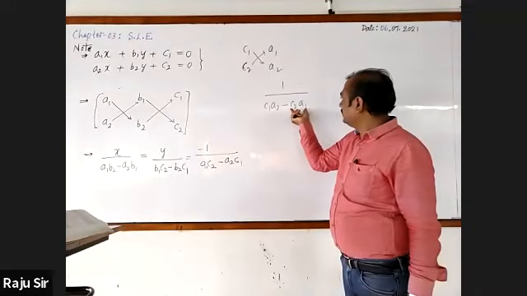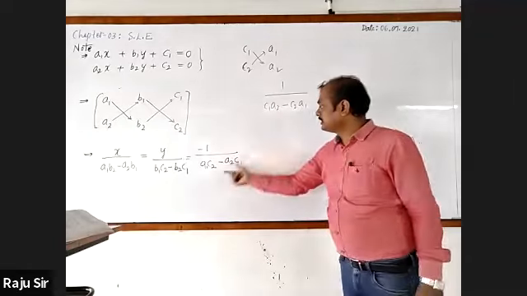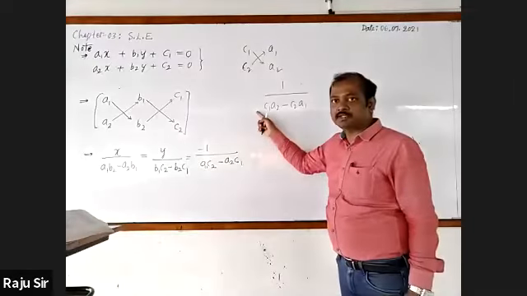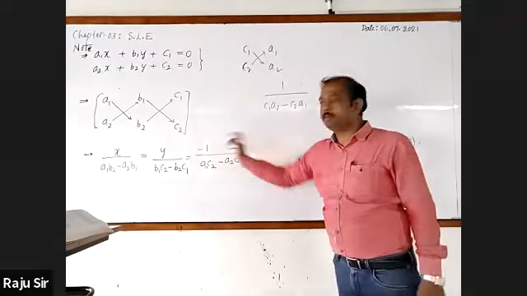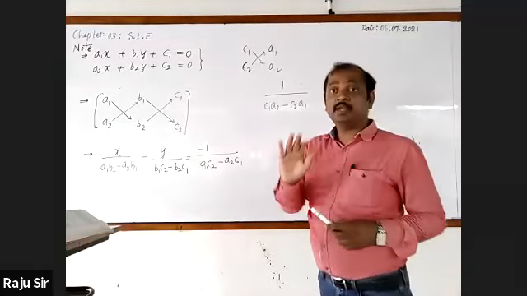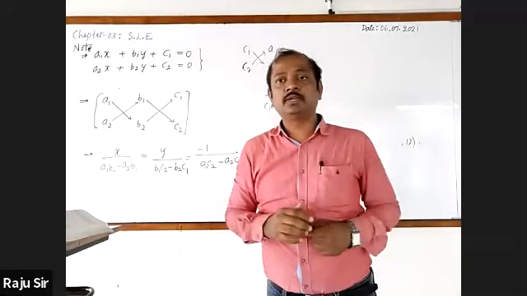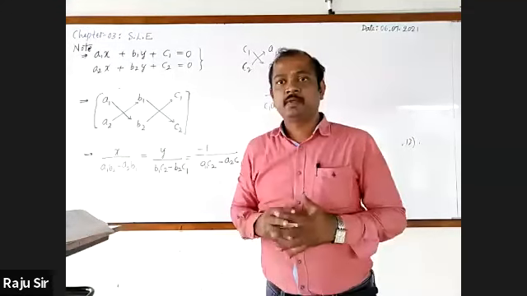Then it becomes A1 C2 minus A2 C1. And as we have taken minus sign as common factor, it will be minus. This method is easy. You will come to know that while solving the problem as well.